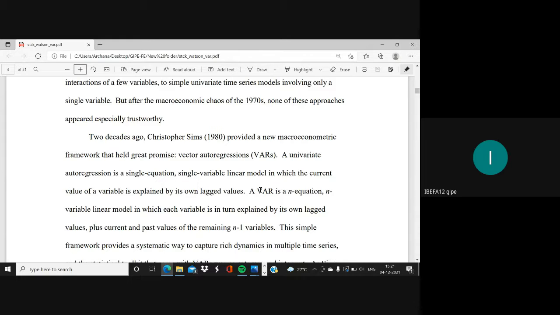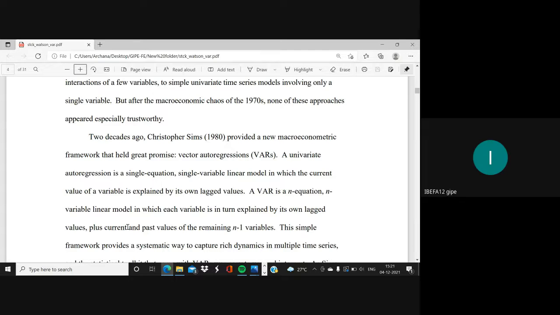here a VAR model is an n equation, n variable linear model. So this part is very important. It's a linear model. We are studying only linear VAR models so far, in which each variable is in turn explained by its own lagged values plus current and past values of the remaining n minus 1 variables. So this is where the feedback portion comes in.